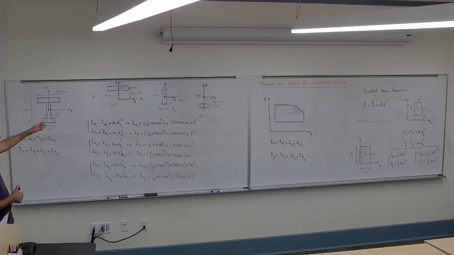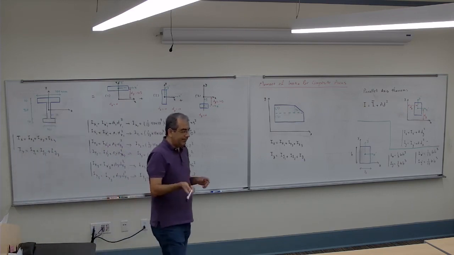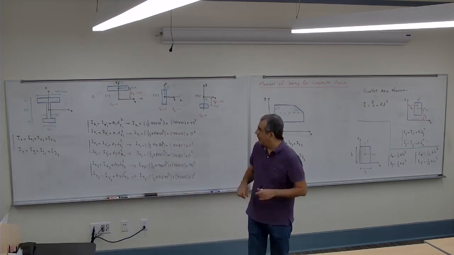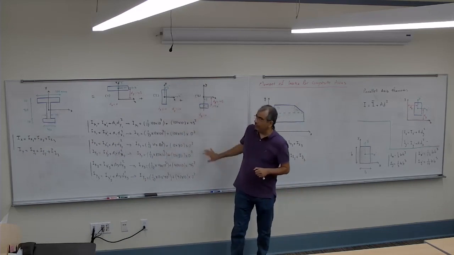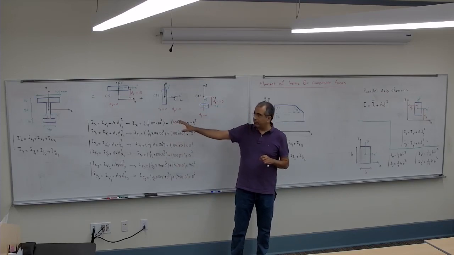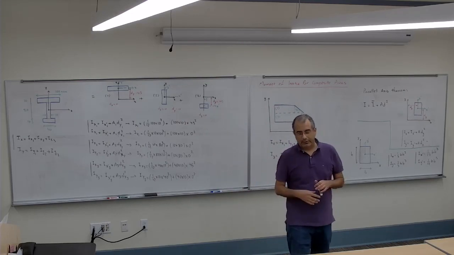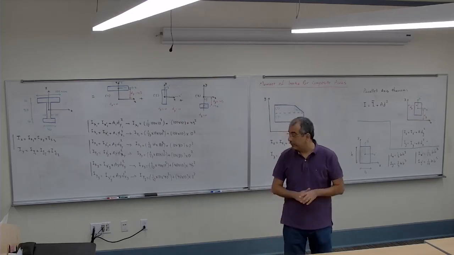This is probably what we are gonna do when we get to bending and the shear. Again, this is gonna be the very first step of the entire problem. So you have to go ahead and calculate the moment of inertia for the shape, the cross section you are given, before we can calculate the stress.